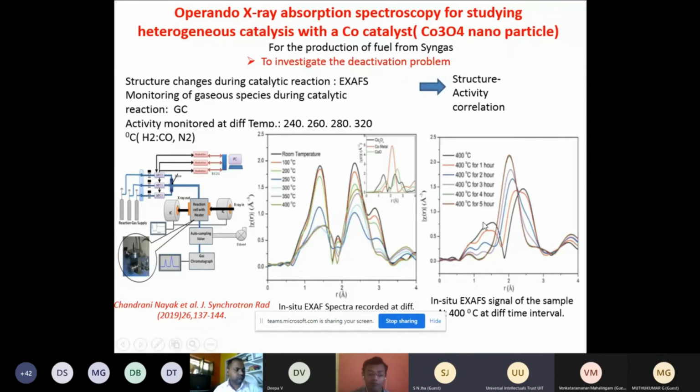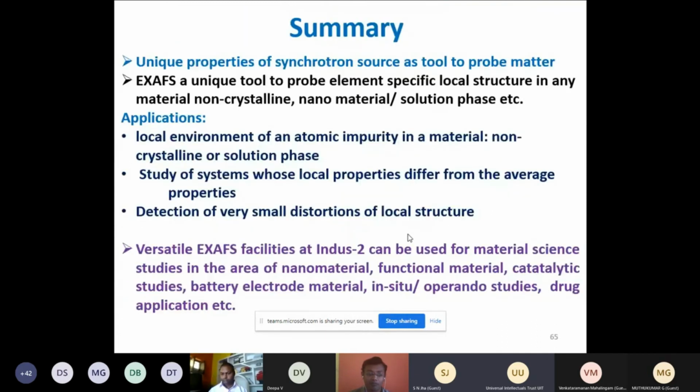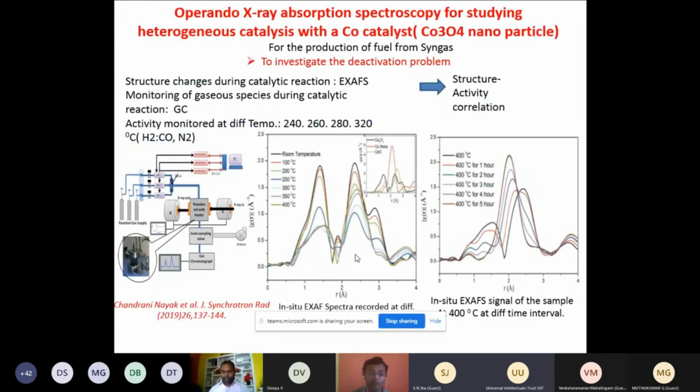So from this in situ EXAFS spectra analysis, we have found that the activity they monitored at different temperatures was used to study the deactivation process, and from this study we have concluded there is no oxide formation which leads to this deactivation.